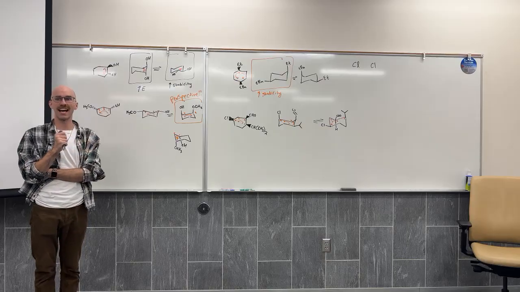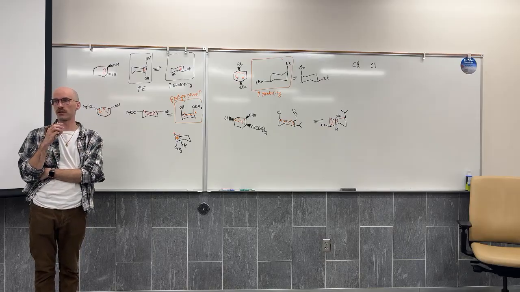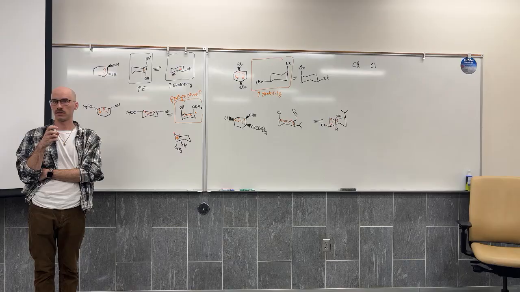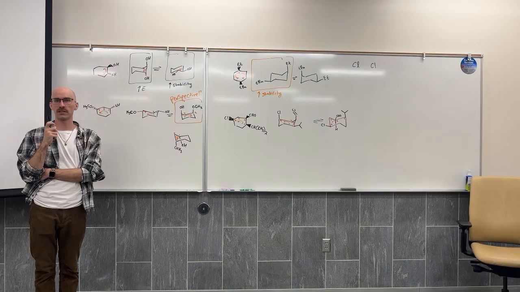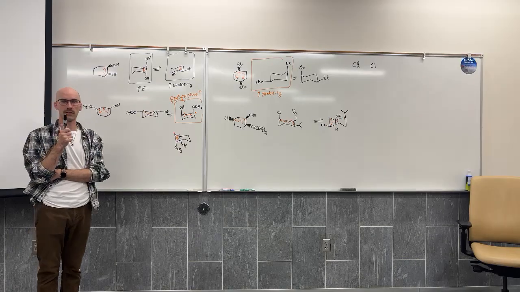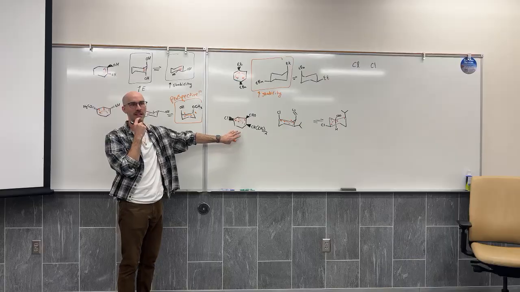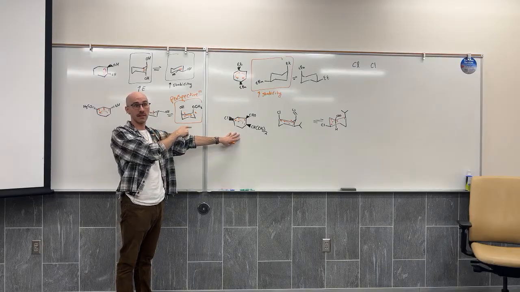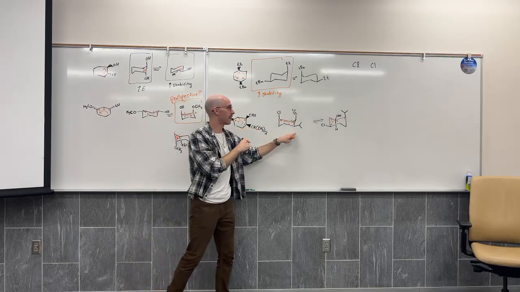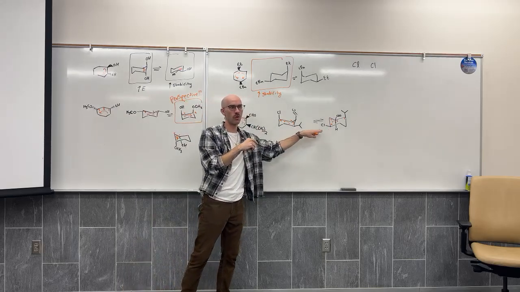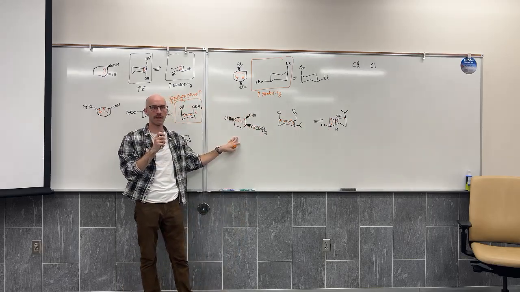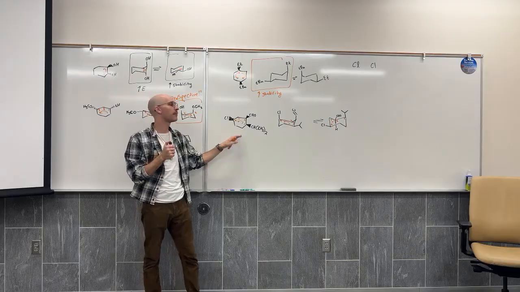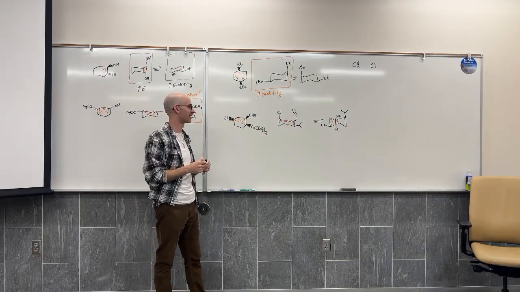Which of these is the high energy conformation? Who said the middle one? Because this is actually not a conformation. Do you guys see how this ring is neither conformation or both conformations at the same time? The middle structure is the high energy, yes.